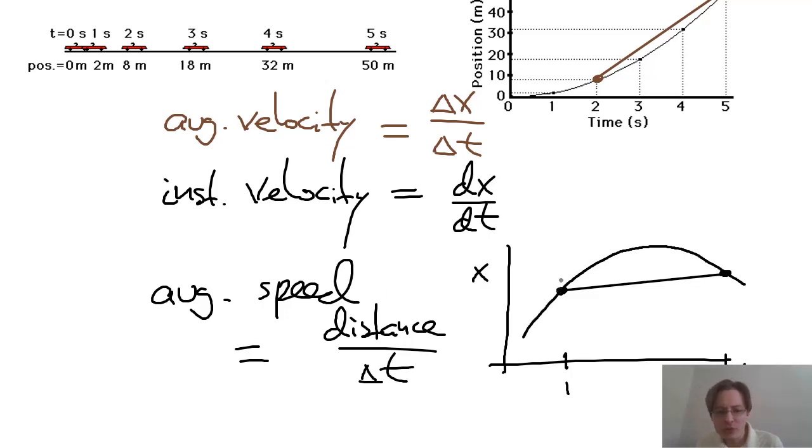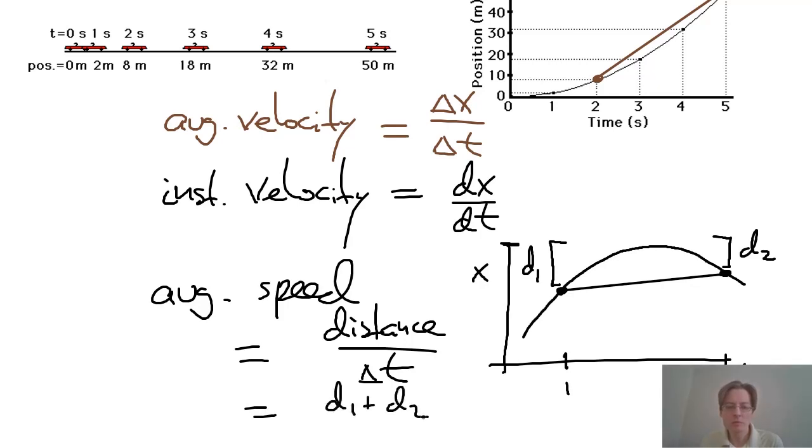So the distance means how far it goes to the top of the motion. So here's the peak of the motion right here. You have to take this distance, d1, plus this distance, d2. Why is that not just the same as delta x?